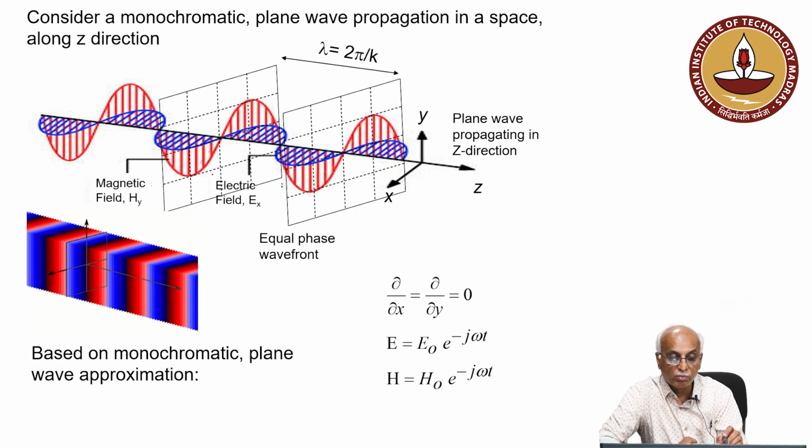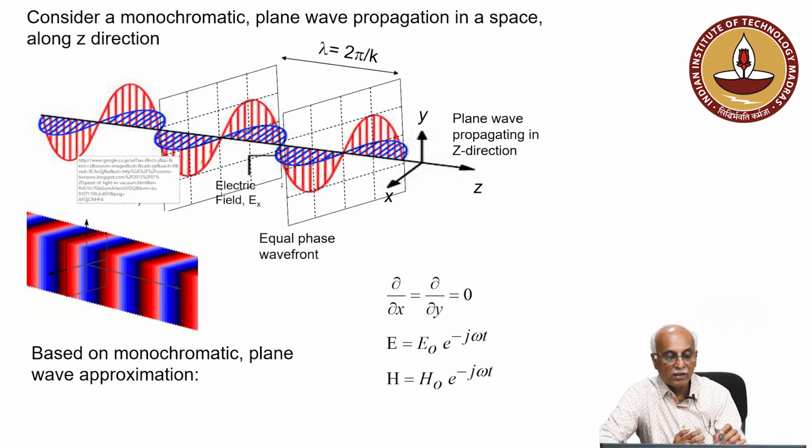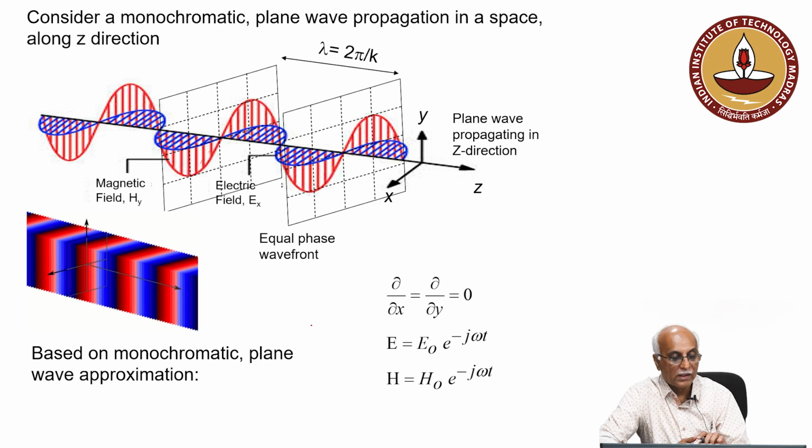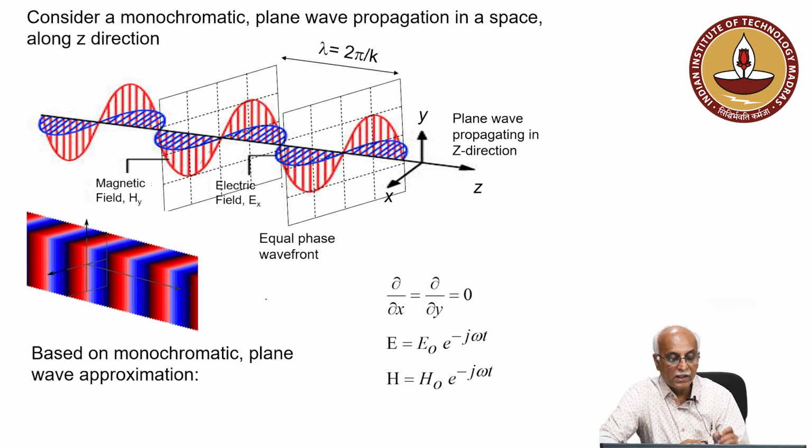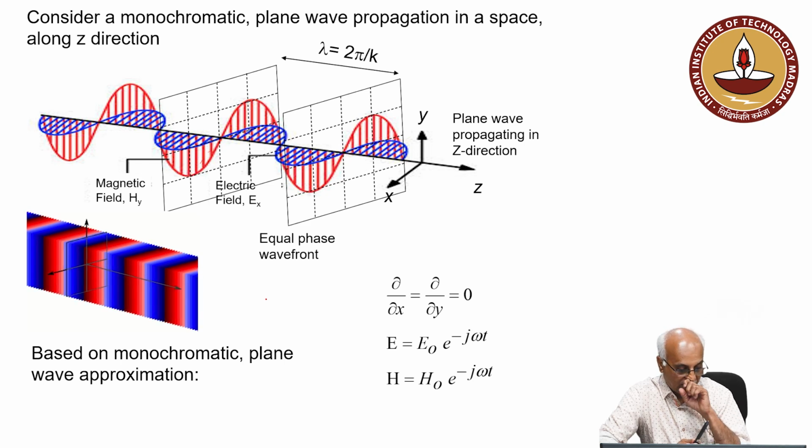So it's the cross product of the electrical field E bar and the magnetic field, and in turn it will propagate in the z direction.